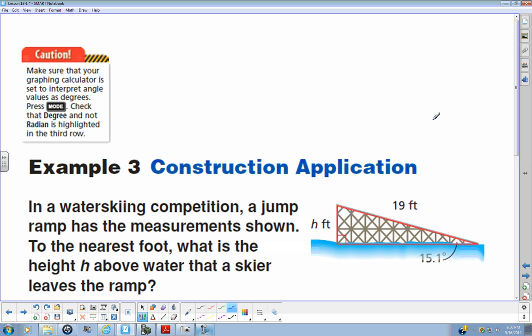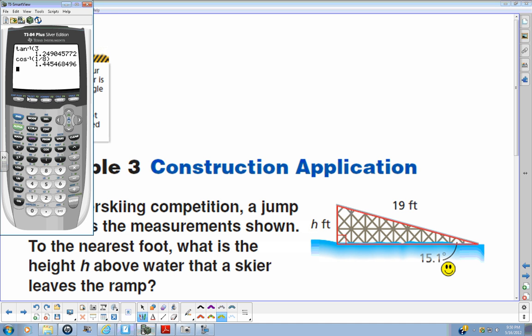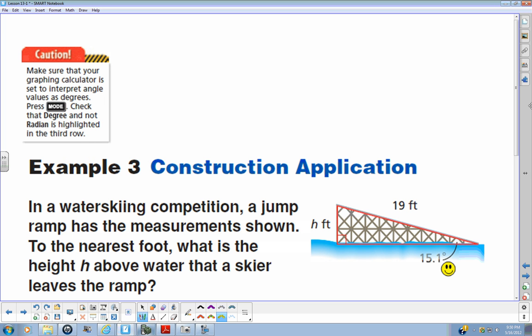So the first thing you want to make sure of is that the angle we're working with is 15.1 degrees. When I use my calculator, I need to check my mode, and mine's in radians. I need to make sure my mode is in degrees so that I will get the right answer when I solve it. So let's look at this problem.